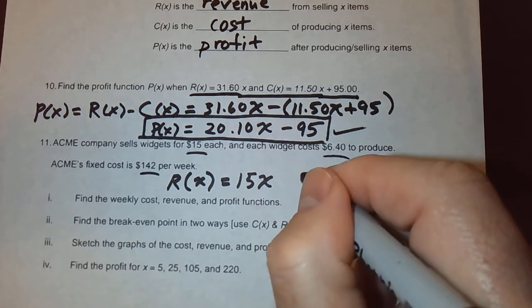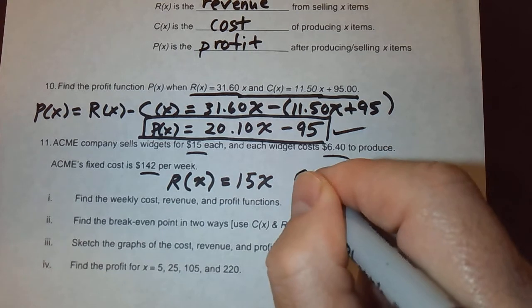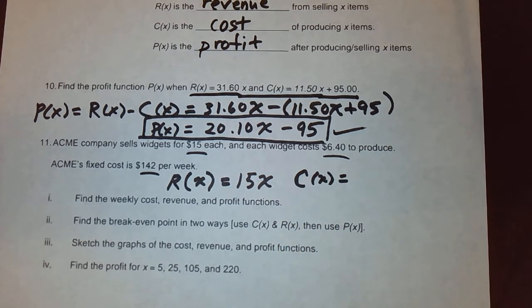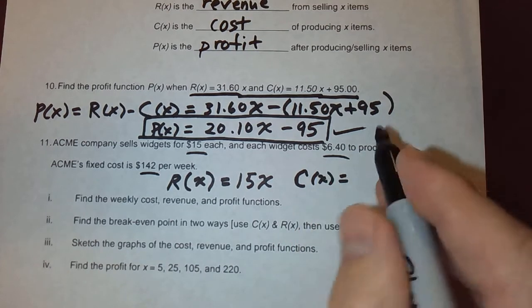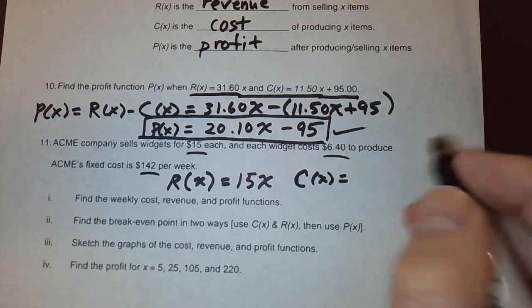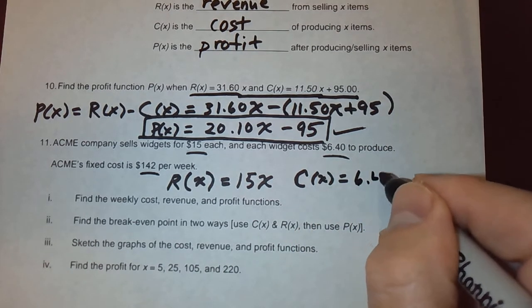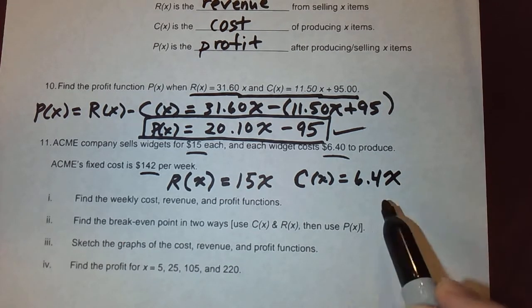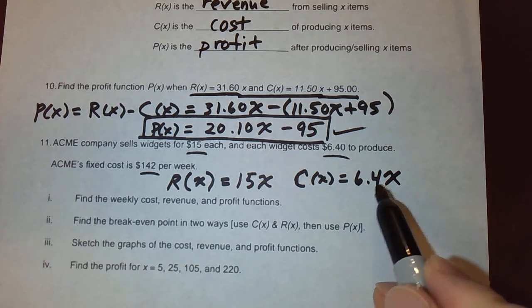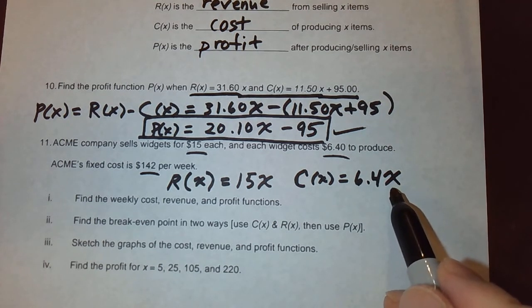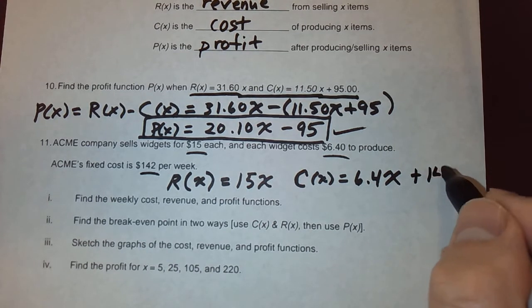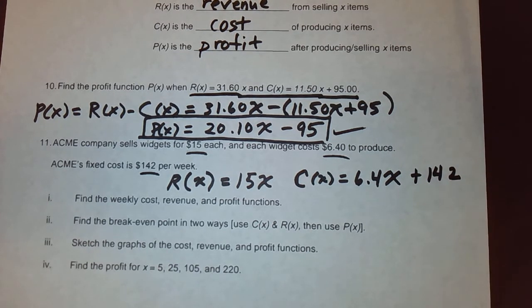Next one we'll do is the cost function, C of X. The cost function will be, well, how much does it cost to produce each item? I'm going to put 6.4 instead of $6.40 times X. $6.40 times the number of items that you're producing. And then we have to add in the fixed cost, plus 142.